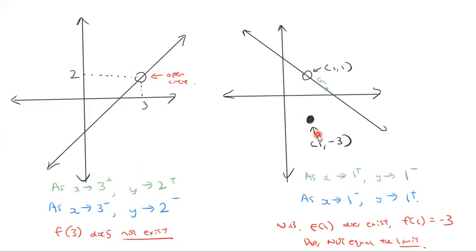But if you have what you might think of as a nice normal curve, so if a function is continuous at x equals a, then the limit as x approaches a of f of x will just equal f of a.